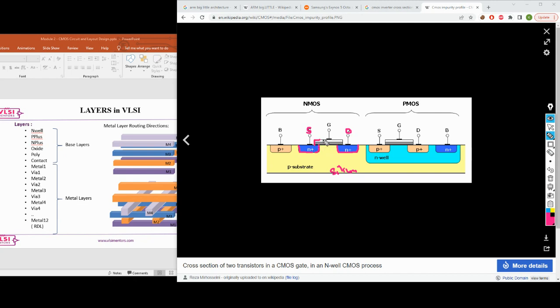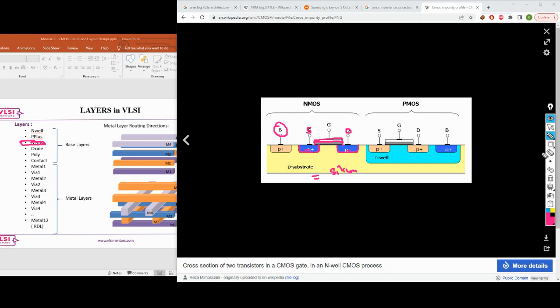This is going to be your gate. Now this is your body or bulk. If you look at this, your P substrate, which is your silicon, and this is your N plus. You have manufactured these.